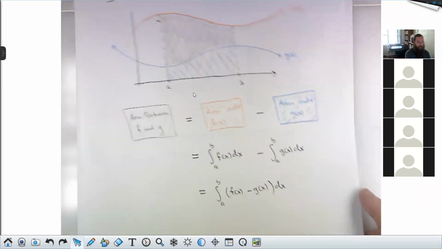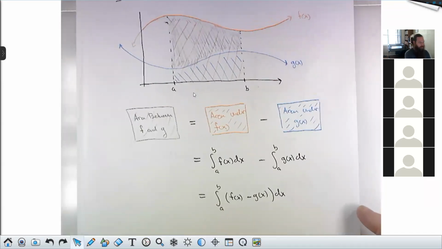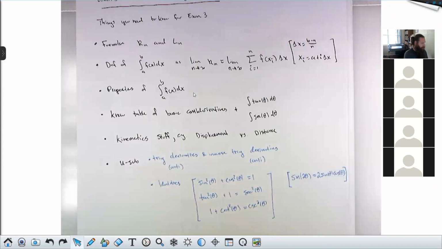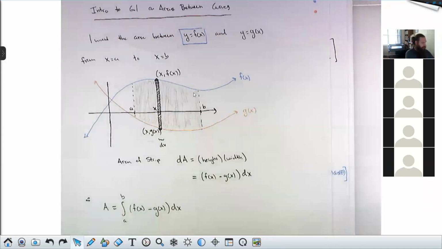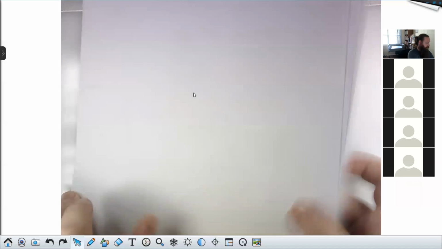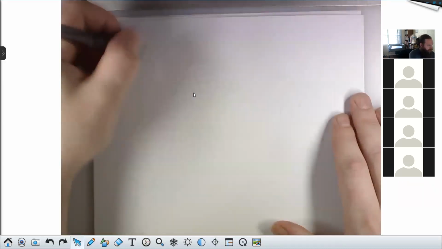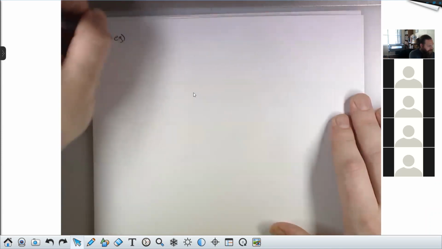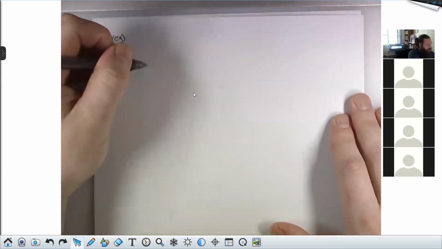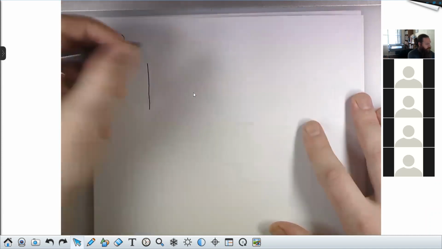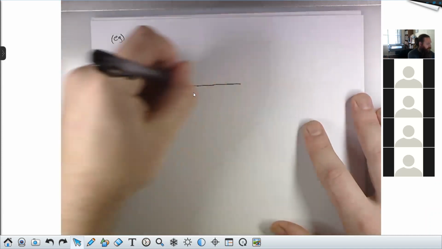And here's thinking kind of intuitively just about area inclusion. Let's sketch a quick graph of sine and cosine.